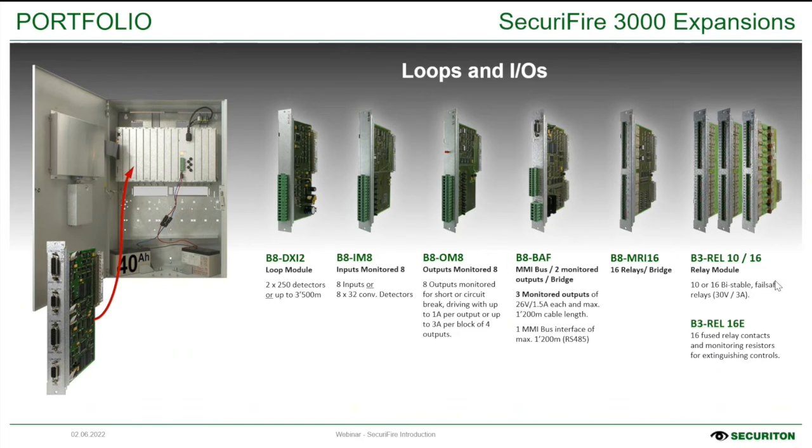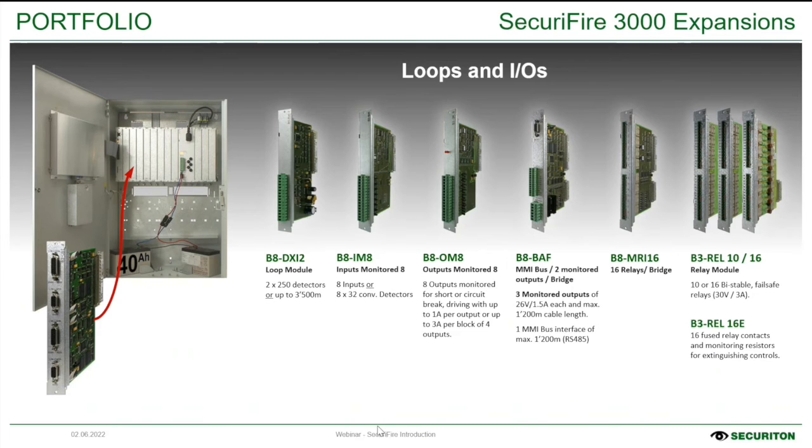The B8 OM8 board, which means 8 monitored outputs. The BUF board is a basic function board which provides external buses, like an MMI bus to connect fire brigade panels and indication panels. The next one is an MRI 16 board with up to 16 24-volt relays on it.